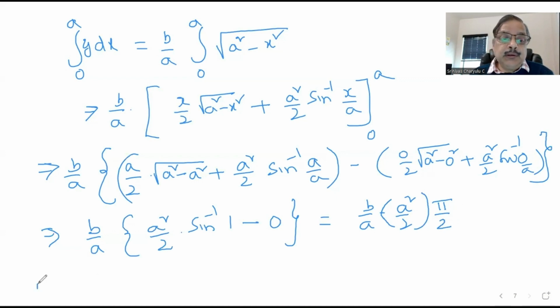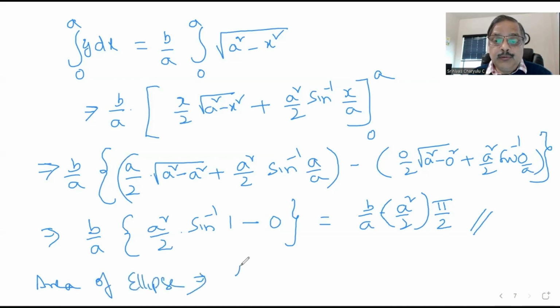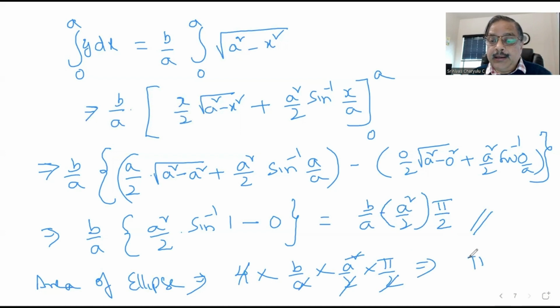So now this is only area of one quadrant of the ellipse. So like this 4 quadrants we are having. So area of ellipse is equal to 4 into b by a into a square by 2 into pi by 2. So 2, 2, 4 cancel. A will go one time. So pi a b is the answer.